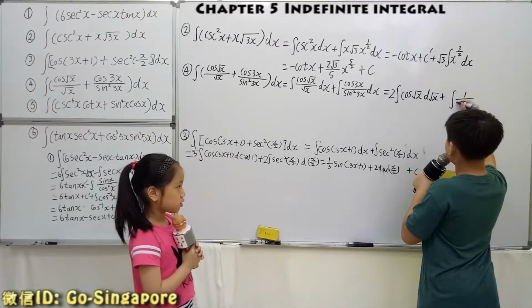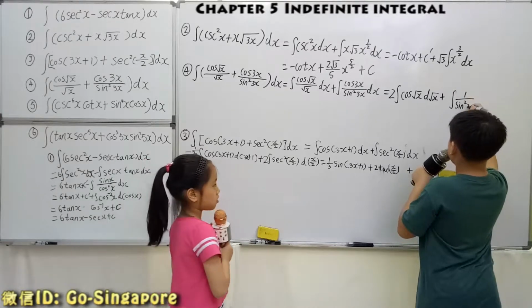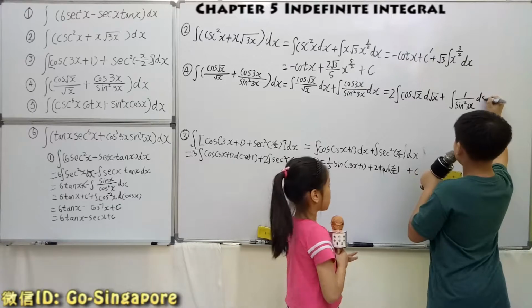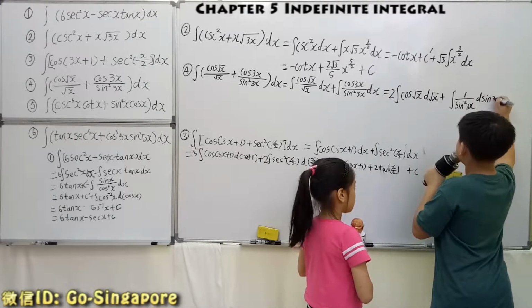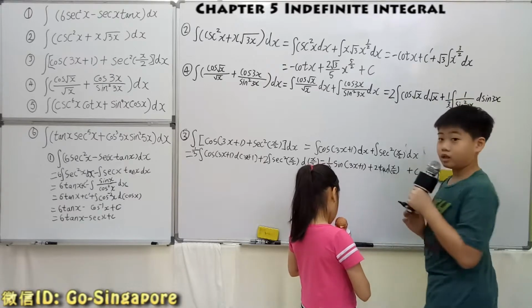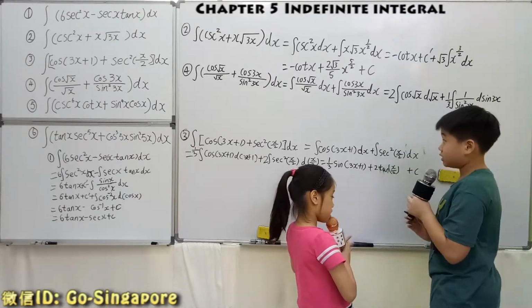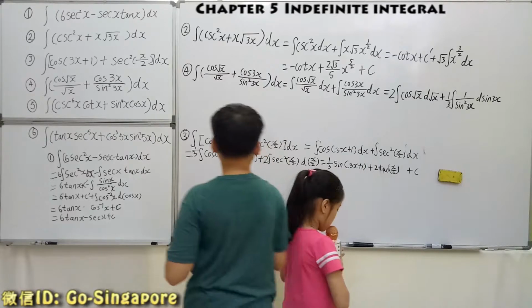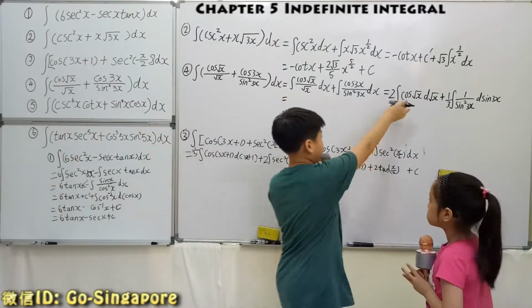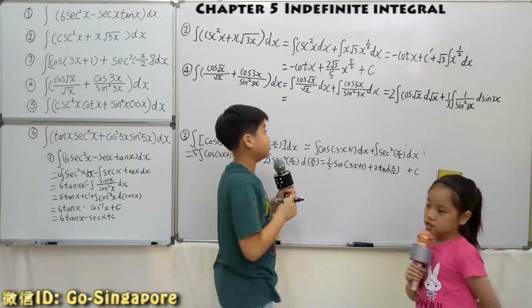So this is a 1 over sine square 3x, and then here is a d sine 3x. But remember, here you need a 1 over 3, right? Yes. And then for this, you can start integrating, right? Yes.